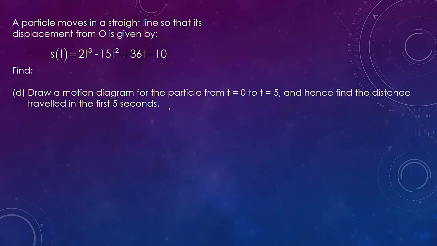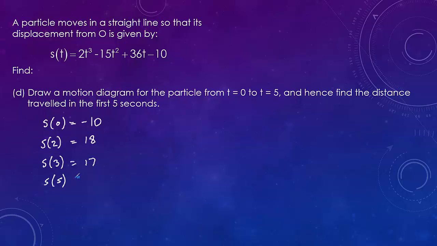Draw a motion diagram for the particle from t equals 0 to t equals 5, and hence find the distance travelled in the first 5 seconds. Okay, so we knew that s of 0 was equal to negative 10. We worked that out much earlier. The changes in direction happen at 2 and 3, and we know the displacements at those. What we don't know is s of 5.